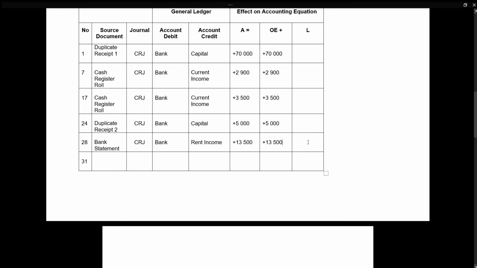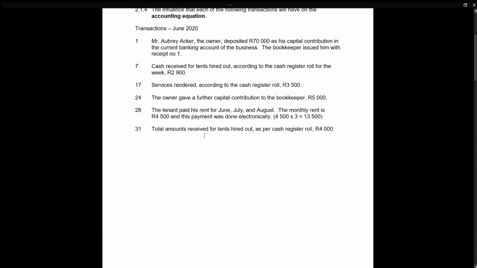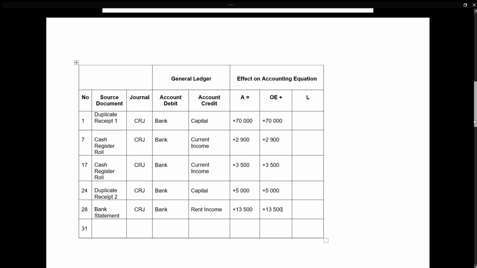So liabilities is 0. So 13,500 Rand equals 13,500 plus 0. Right, so on the 31st, total amount received for tents hired out as per cash register roll, 4,000 Rand. Let's go and do the T account.